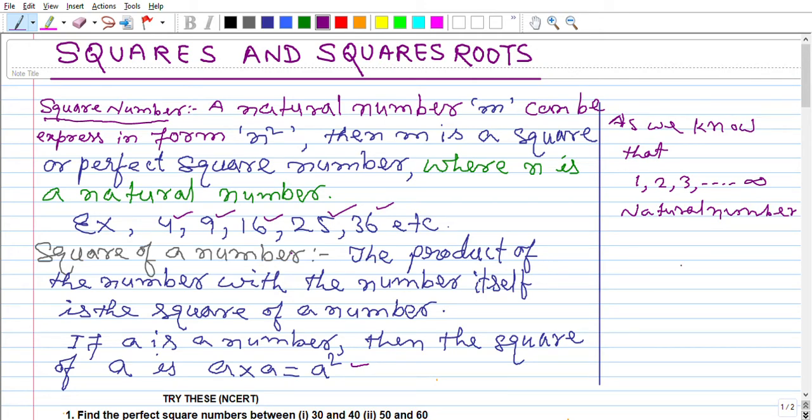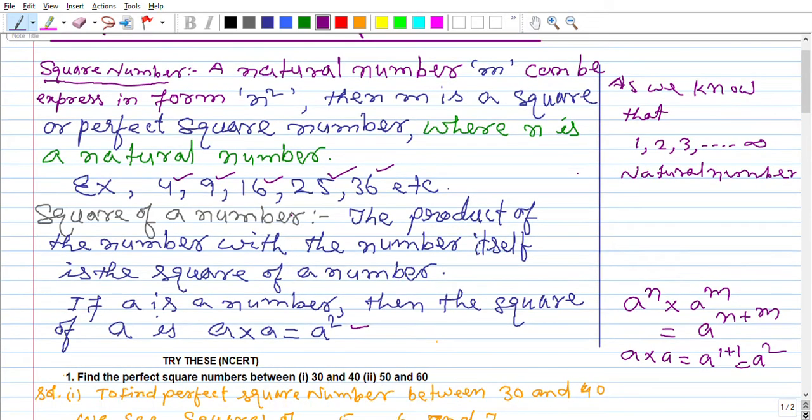In the exponents chapter, you know a power n into a power m always combine, that means a power n plus m. Therefore here we have written a into a, that means a power 1 plus 1, and it becomes a square. It is a property.